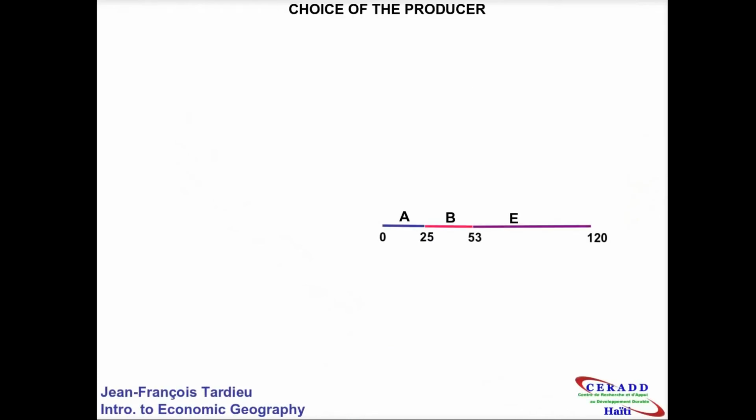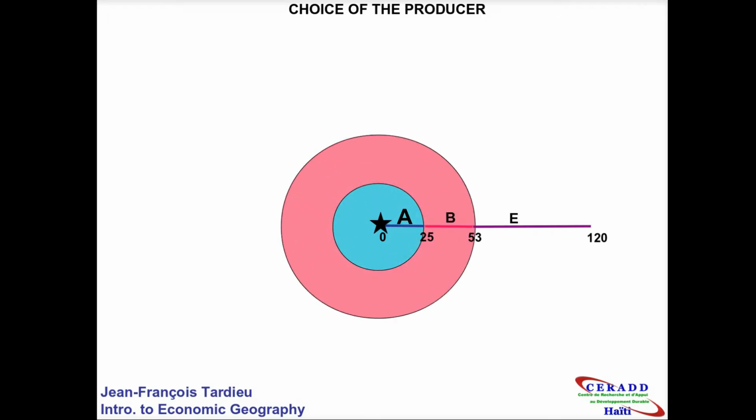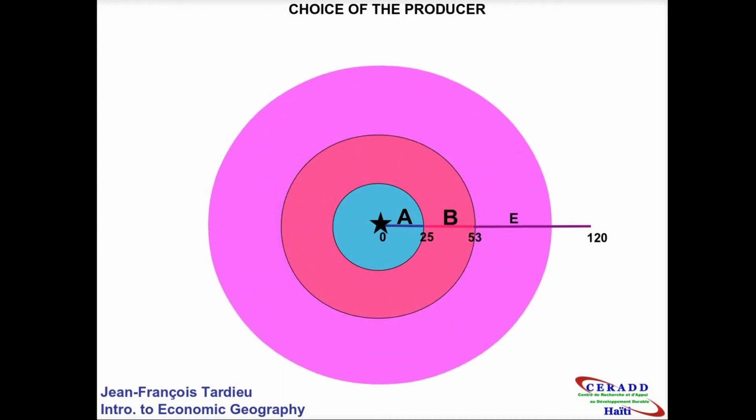Under these conditions, a map of productions would take the form of a circular area of 25 km radius where the producers would choose to produce A. Outside this circle, a ring where B would be produced, and beyond, another ring where the producers would cultivate E.